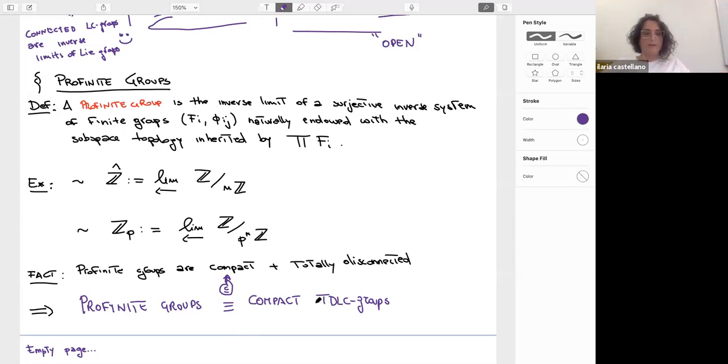But at the same time, discrete groups and profinite groups are going to play a central role in this theory. So it's quite important to see these classes inside the class of TDLC groups. You have the discrete piece, the compact piece, and the compact piece coincides with profinite groups. So this is an important remark that was needed.